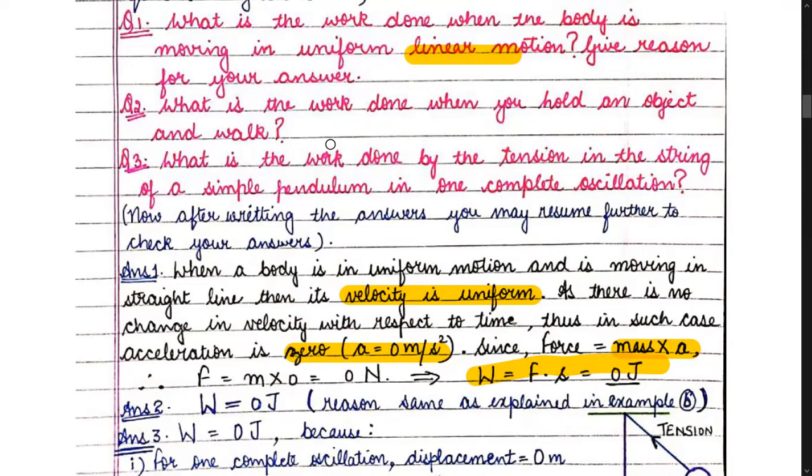Now, what is the work done when you hold an object and walk? It is the same case as that of the coolie. He is holding a suitcase on his head and then walking. So in this case also, work done is 0 joules. And you can explain the same reason which was written in example B, that is the example of the coolie.